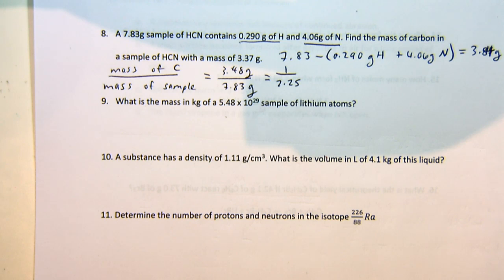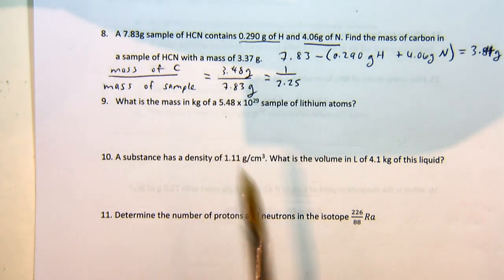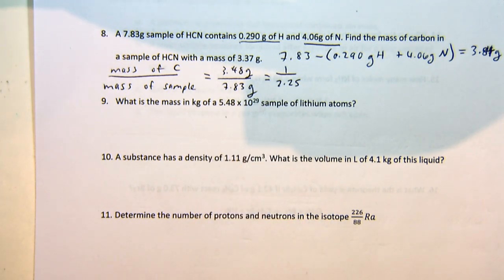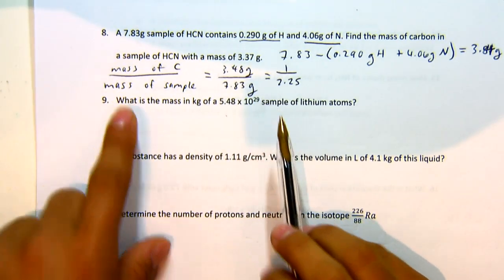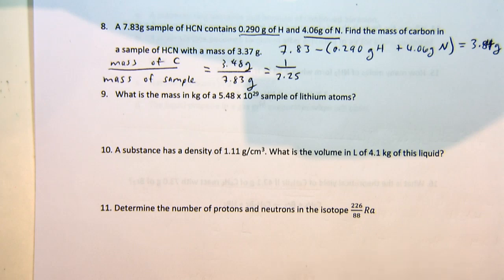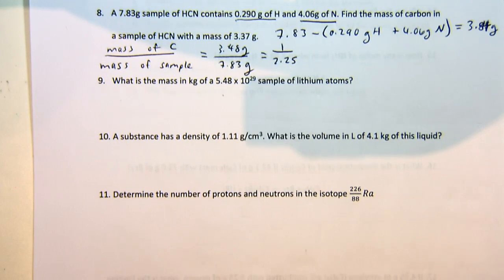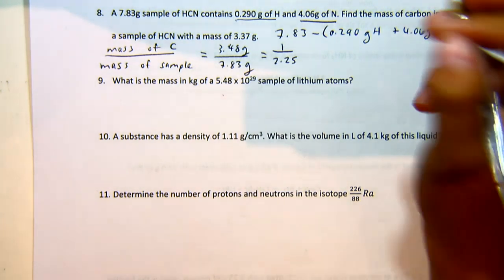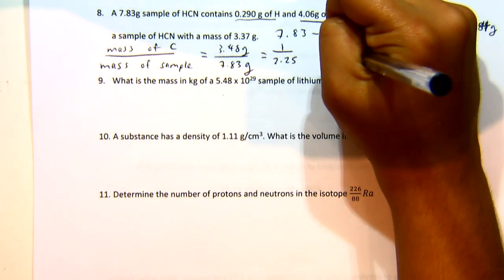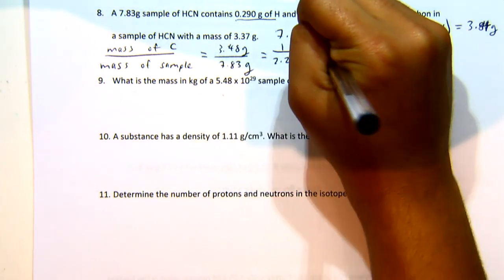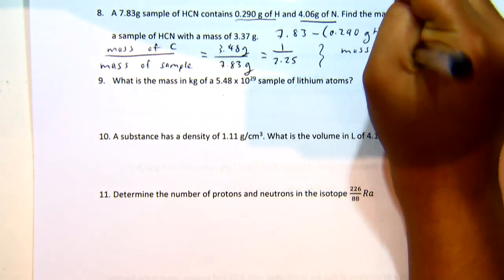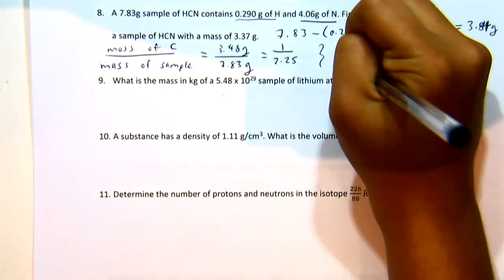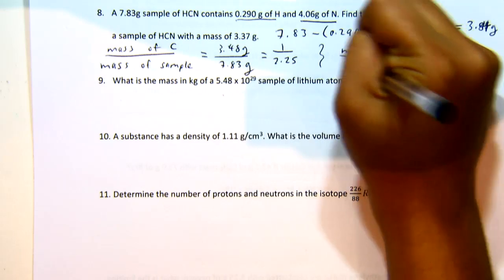Now, we know the mass of the second sample is 3.37, so we could use this ratio that we made to figure out how much. So then you would set up this to look like the mass of the carbon over now our new sample, which is 3.37.